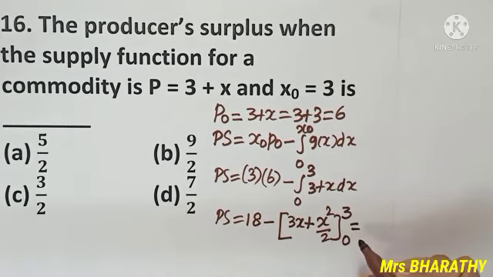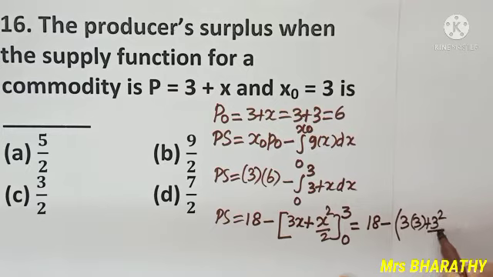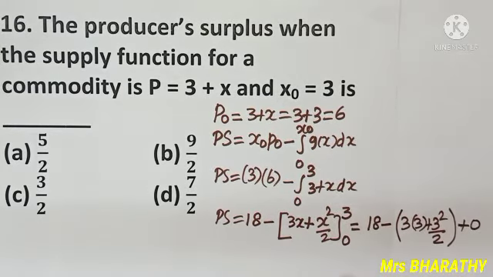As we simplify, it is 18 minus 3 into upper limit 3 plus 3 square by 2. The lower limit 0, 0. So it just reduces to 0 only.